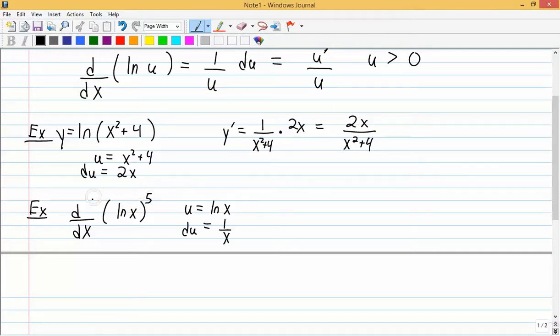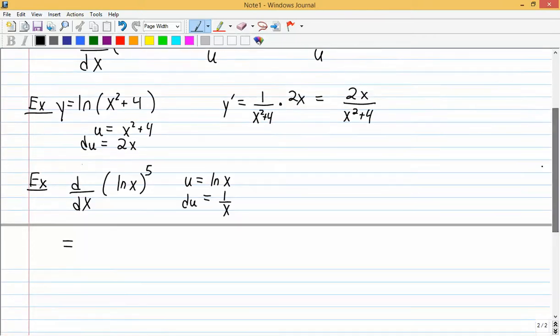You have to say 5 times what's in front, and then we have to reduce the power by 1, and then we have to multiply by the du. Alright, so the derivative is equal to 5 times the natural log of x to the 4th times the du, 1 over x.